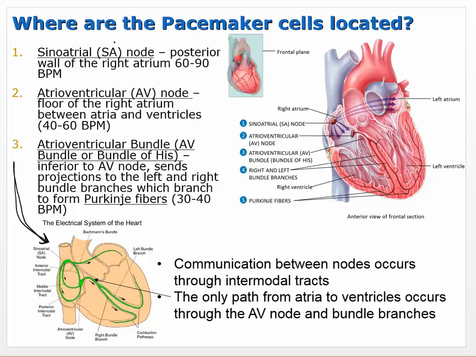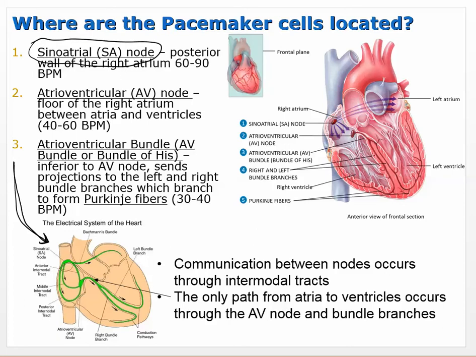Now, when we're talking about setting the heart rate, normally we have this group of cells, this pacemaker node called the SA node or the sinoatrial node. That's the one that in most people all the time is setting your heart rate.